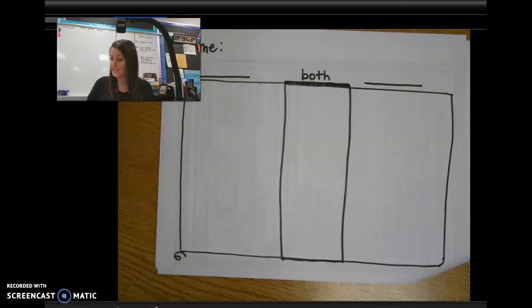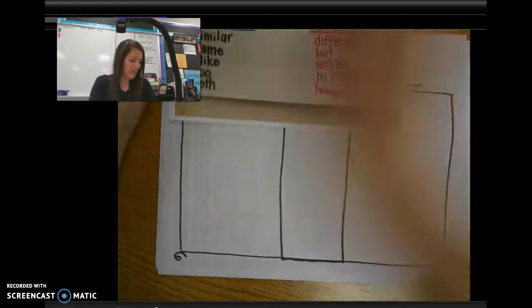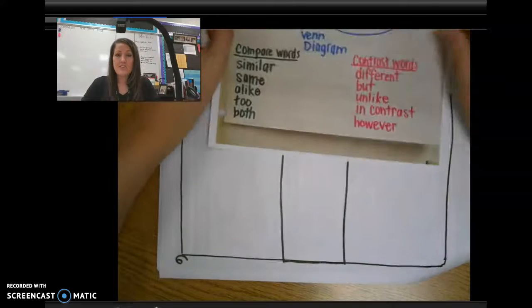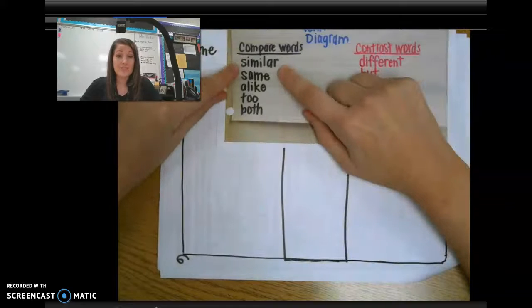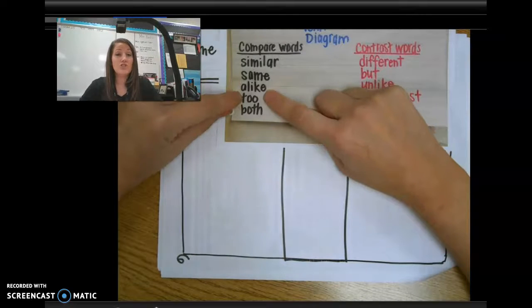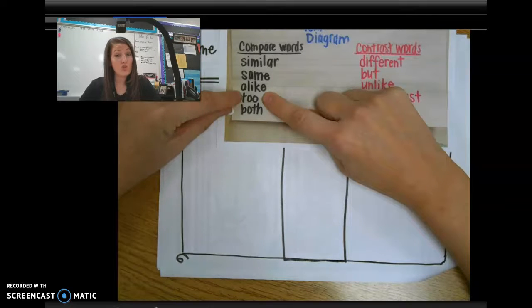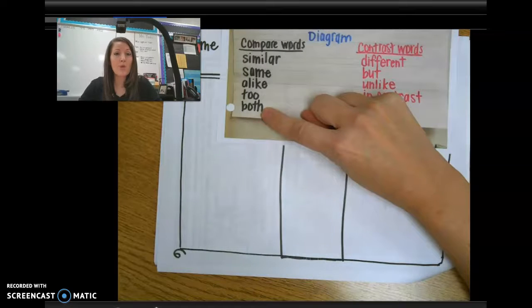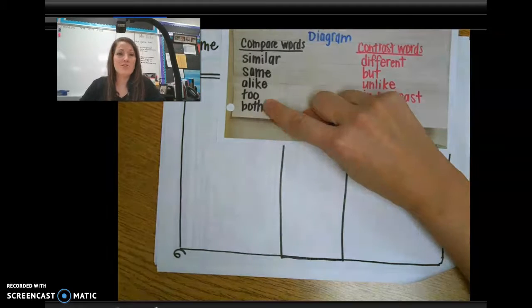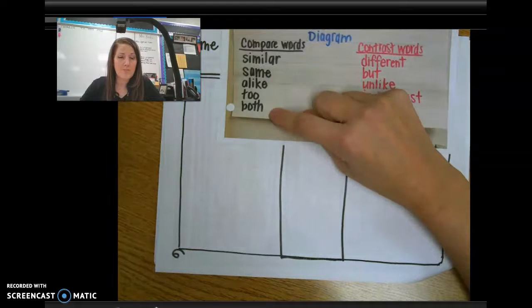comparing and contrasting. So some of the words we're going to look at as we compare and contrast, things that are the same or similar, you might say similar, same, alike, too. Oh, you have those shoes too, meaning that we both have them, it's the same. And both, we both have the same haircut. So these are all words that would mean that something is being compared.